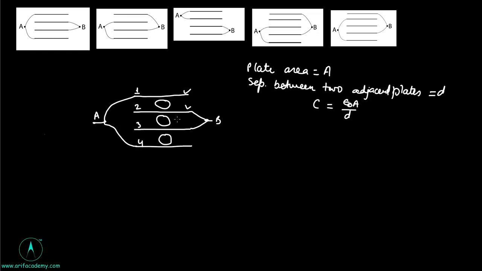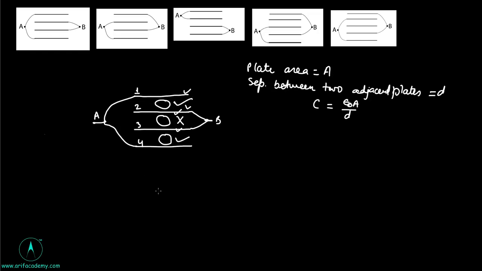But this will not make a capacitor because both plates are connected to the same point, so the potential difference between these two plates will always be zero. So there will be no charge between these two plates, no energy will be stored. So there are only two capacitors formed here, this one and this one.